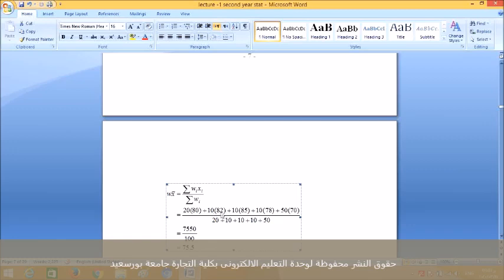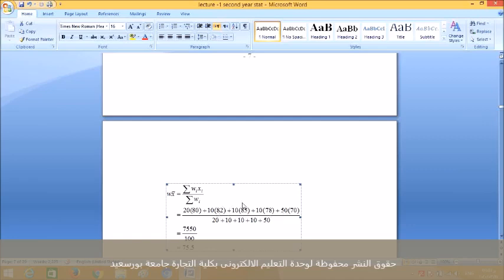So the first monthly score is 82 multiplied by 10, and 85 multiplied by 10 also, and the third monthly exam or quiz is 78 multiplied by 10, and the score of the final exam is 70 multiplied by 50, which is the weight of the final exam.